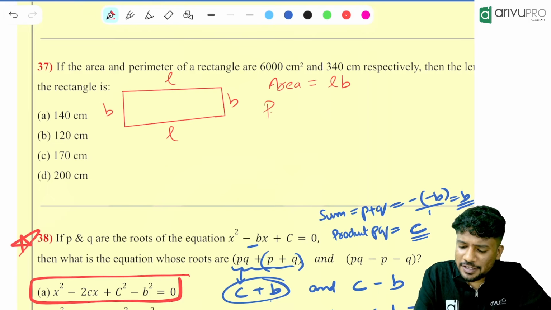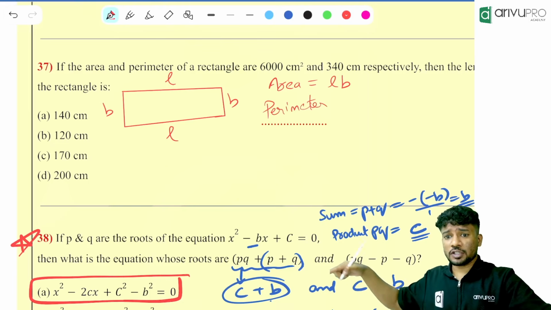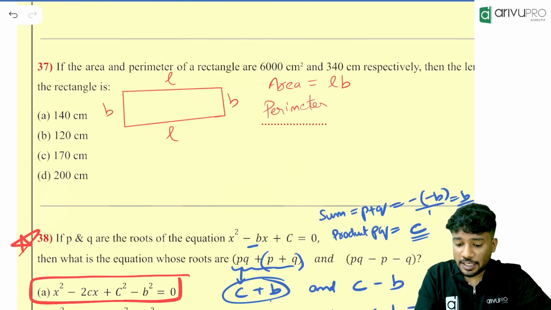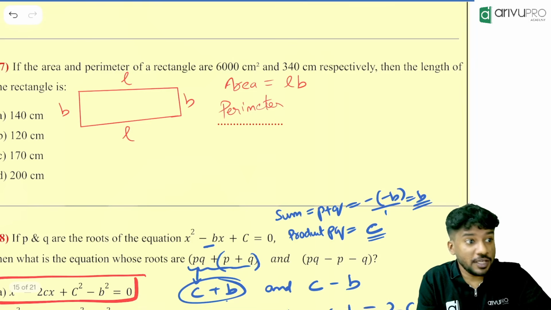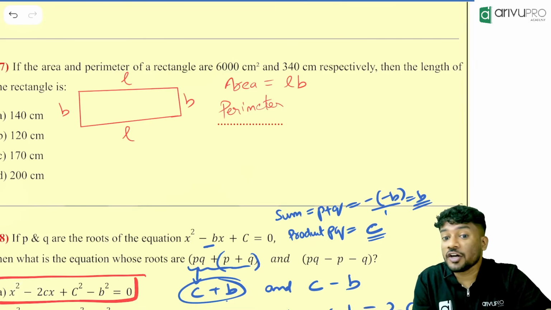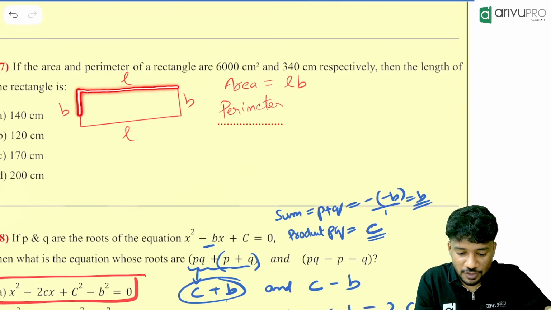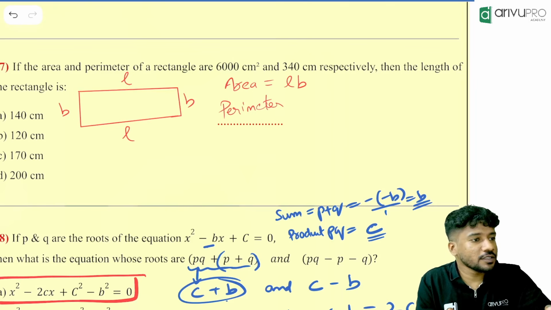Then, perimeter is what? What is the basic meaning of perimeter? Perimeter is nothing but the total distance covered by the edges. Do you remember our cat question? If a cat is running around the perimeter of a rectangle, that means it is going from here, first length is covered, second length is covered, then breadth, and the other breadth is covered.